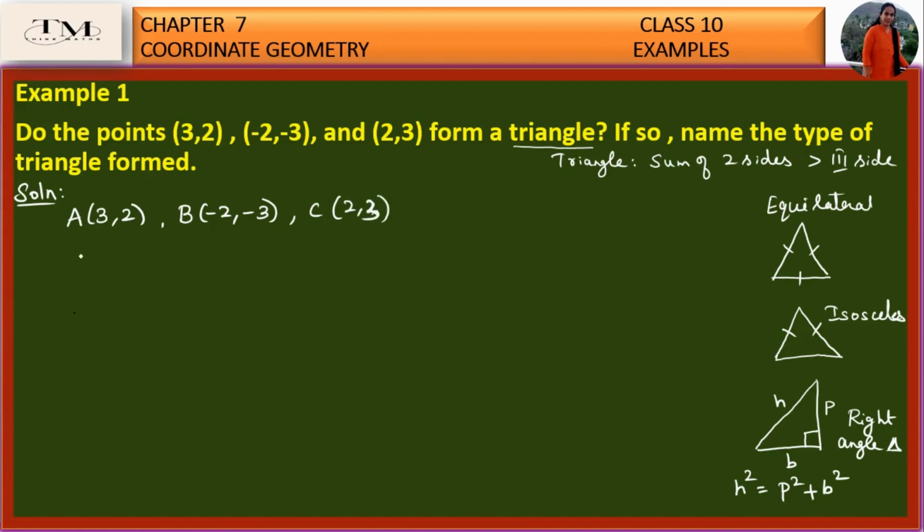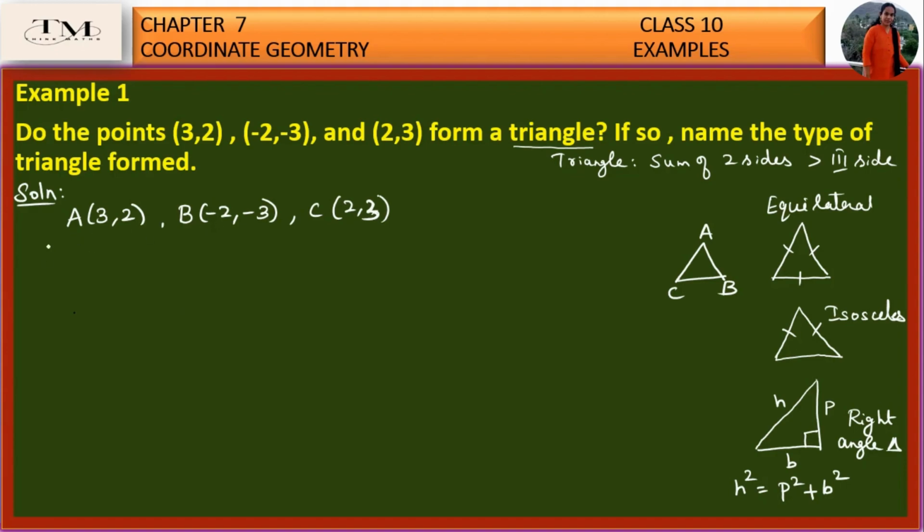We have to find the distances between the points. If you take triangle ABC, we have to find the distances AB, BC and AC, and check whether it forms an equilateral, isosceles or right angle triangle.